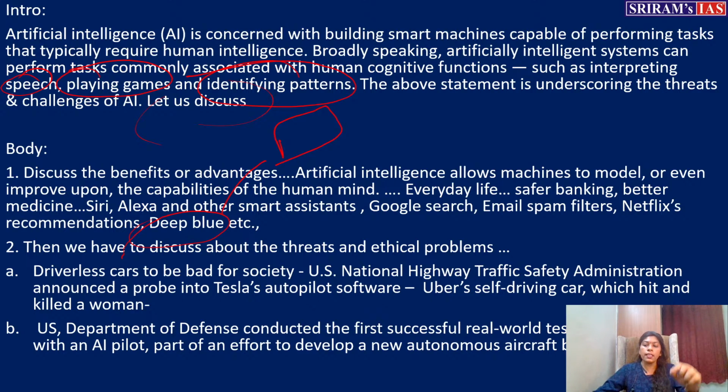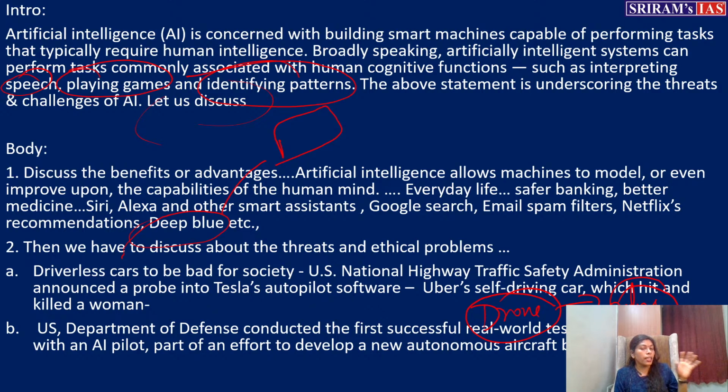In the same way, there is a recent event in which a drone killed the person who gave orders to it. The drone was made with this aim: autonomous aircraft to be developed as fighter jets or fighter planes, designed by the US Department of Defense.